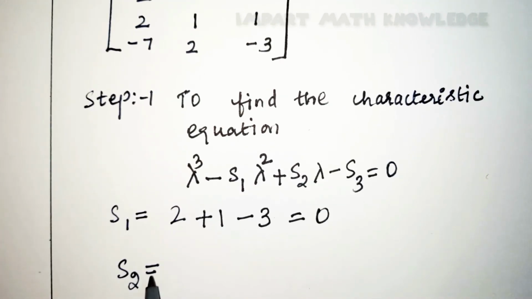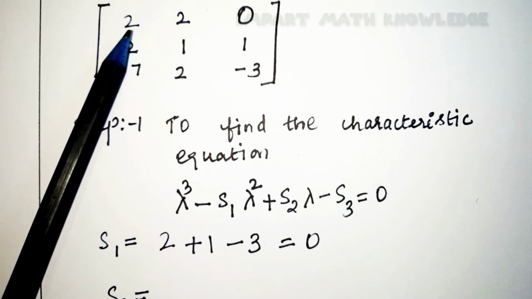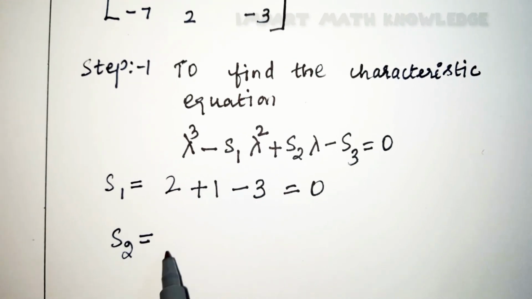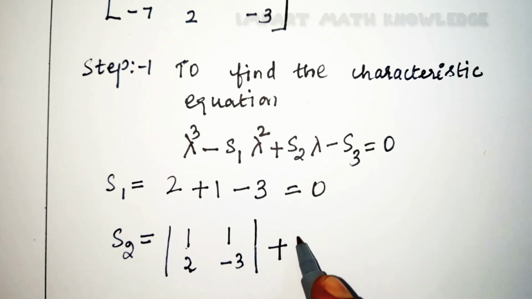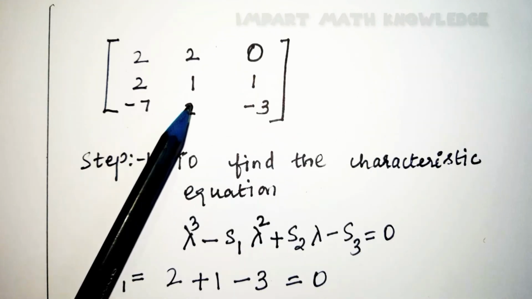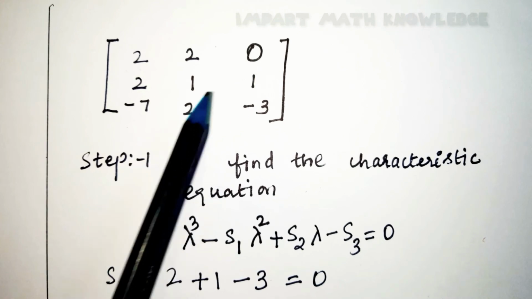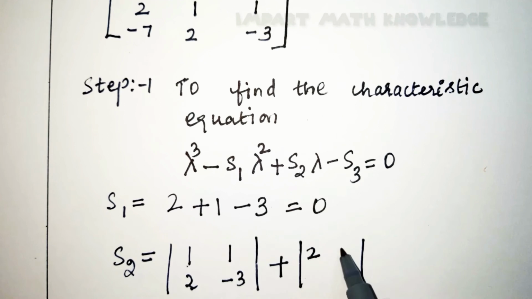S2 is equal to the sum of the minors of the leading diagonal elements. For the first diagonal element, the minor is 1, 1, 2, minus 3, plus. For the second diagonal element, the minor is 2, 0, minus 7, minus 3.